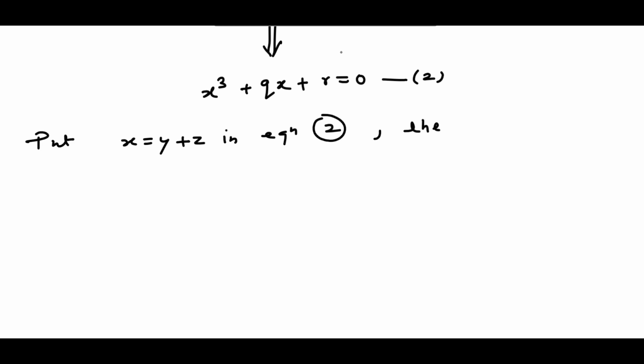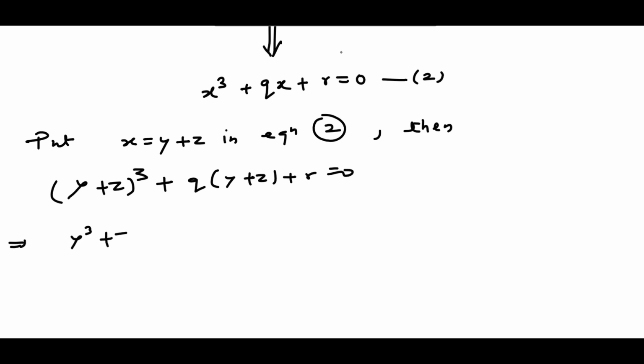Then (y plus z) whole power 3 plus q times (y plus z) plus r is equal to 0. Here (a plus b) the whole cube, that is y cube plus z cube plus 3 times yz multiplied to (y plus z), plus q times (y plus z) plus r is equal to 0.